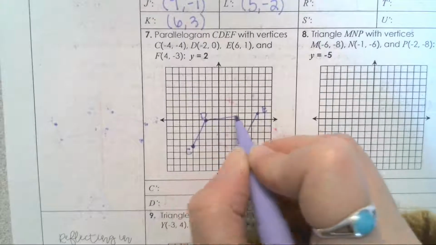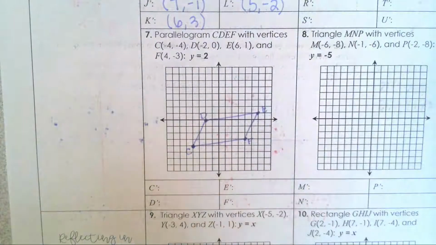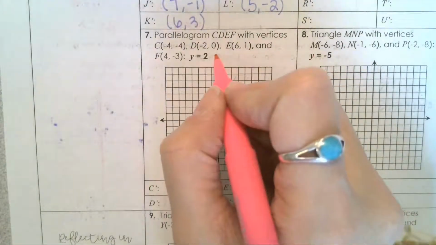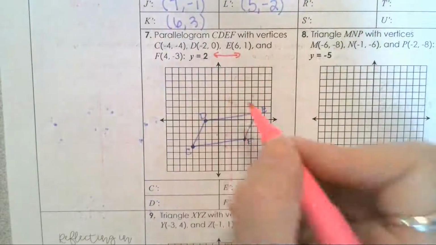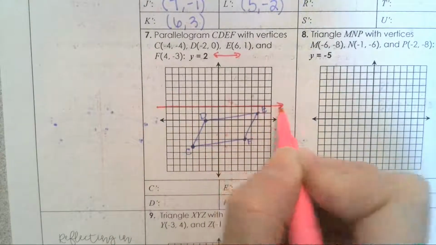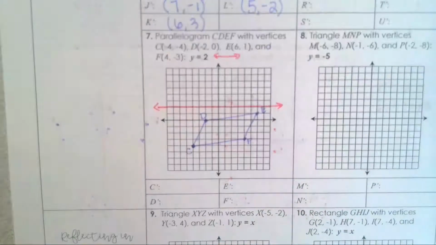Okay, so there's C, D, E, F, and now my horizontal line is y equals 2. So it's going to be horizontal at positive 2. So that's right here.